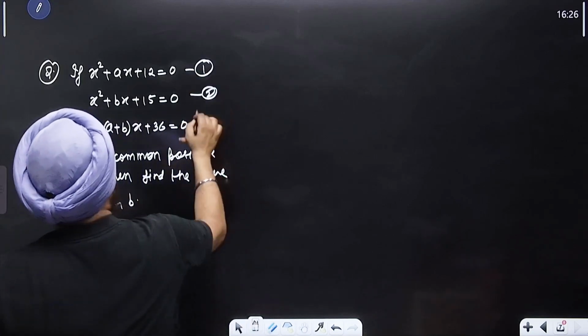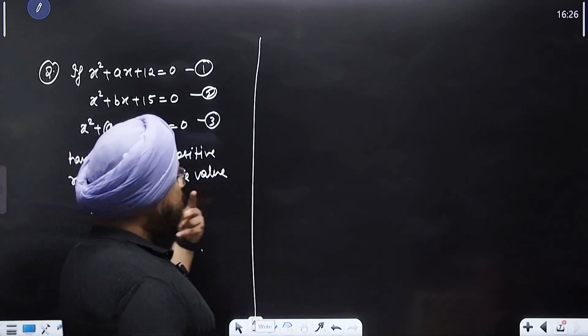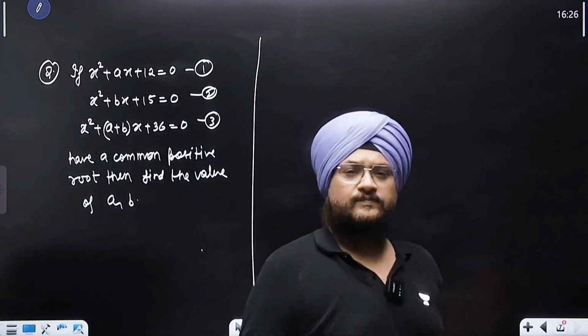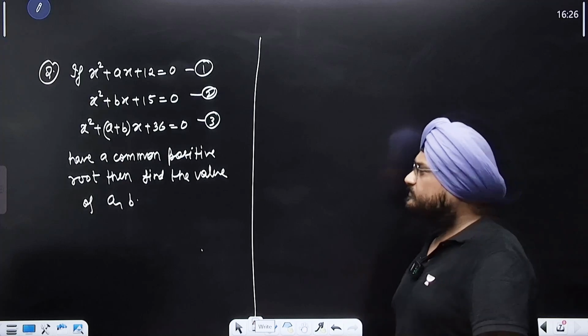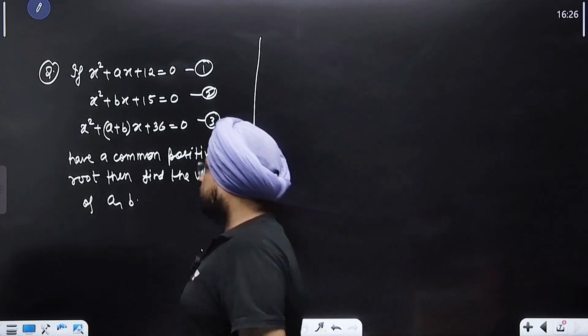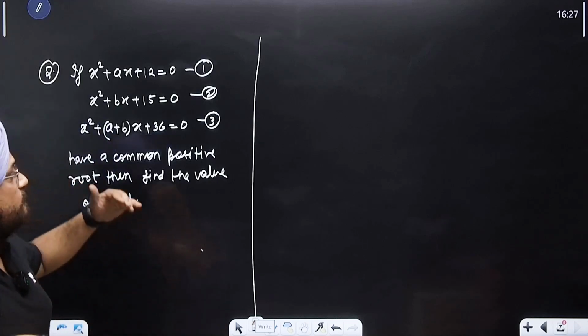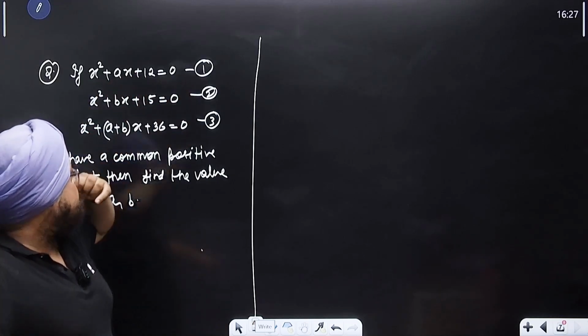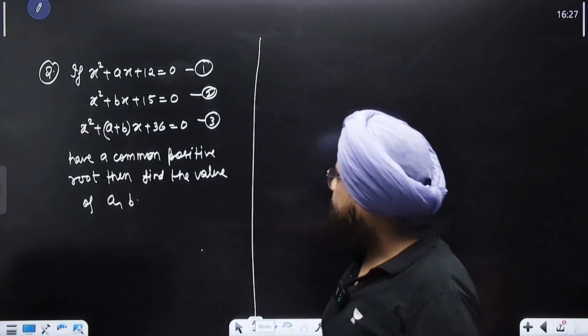You can use these three equations as all the equations are having a common root. So we will use the linear combination of these three equations to find the value of x, the common root.